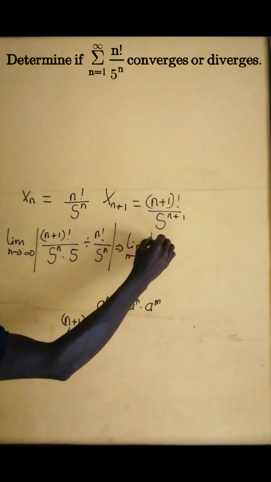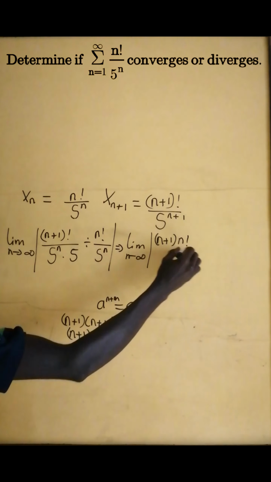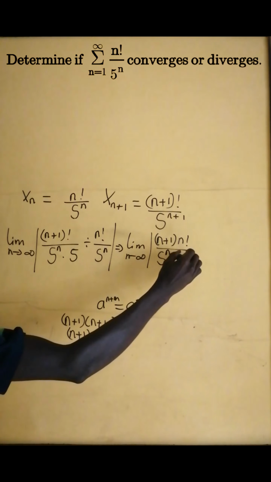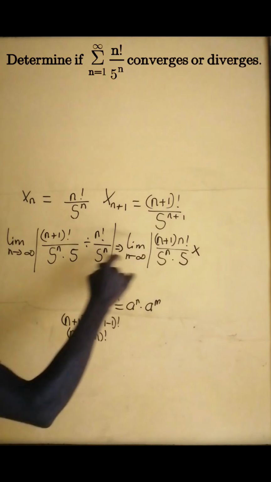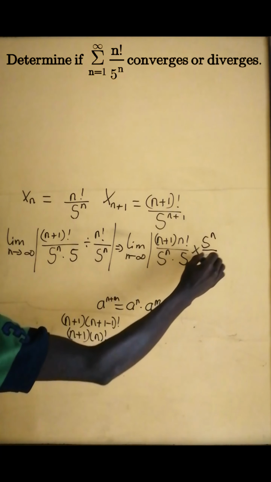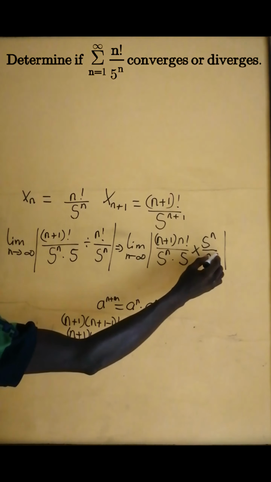So we are going to replace n plus 1 all factorial by n plus 1 times n factorial, all divided by 5 exponent n times 5, divided by, then we turn n factorial divided by 5 exponent n upside down to get 5 exponent n divided by n factorial.